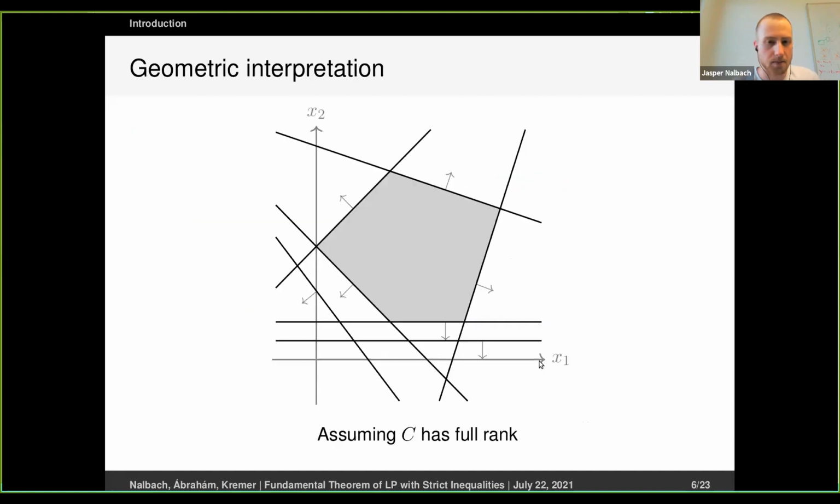In the following, we will also assume that the system C has full rank, because then the graphical interpretation is quite nice. If such a system C is satisfiable, then the solution set is a polyhedron. We call the intersection points of all defining hyperplanes of the constraints in the system vertex candidates.